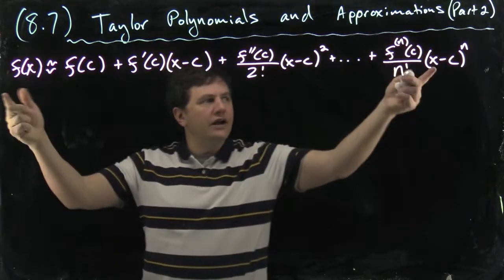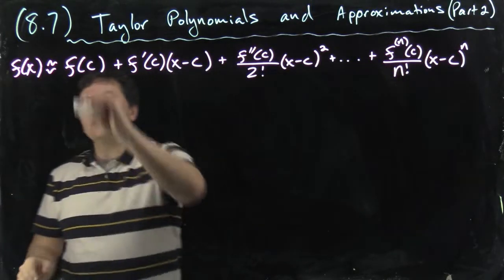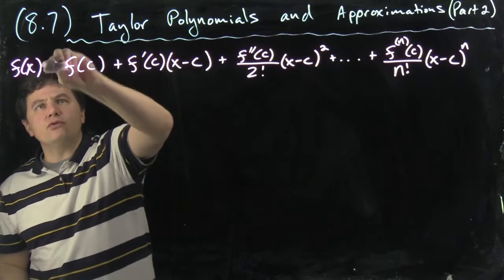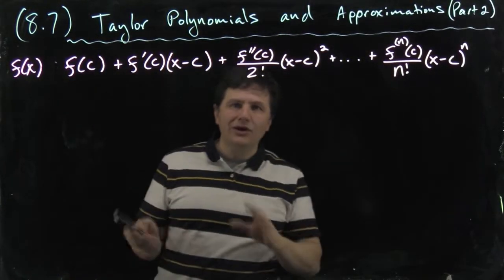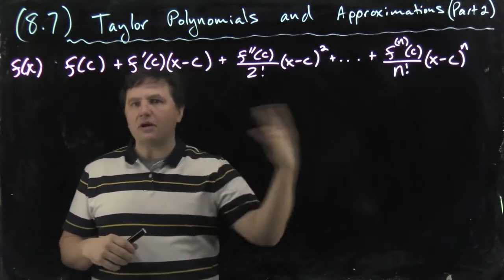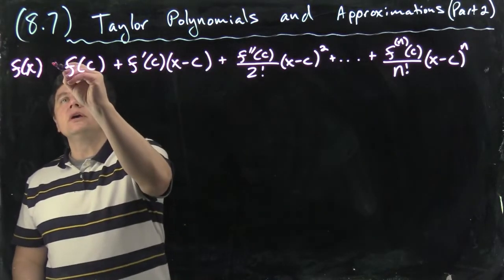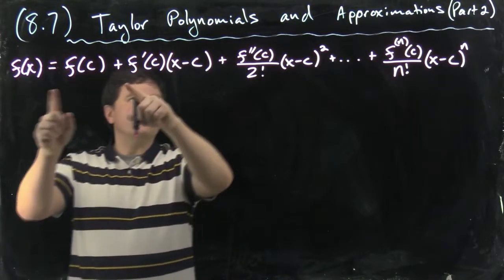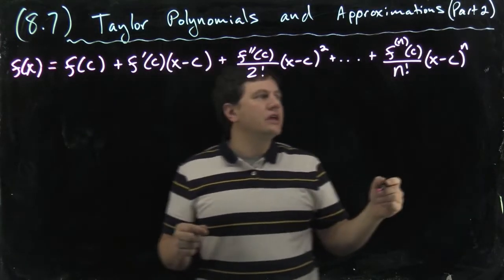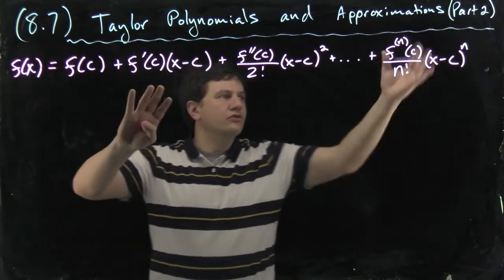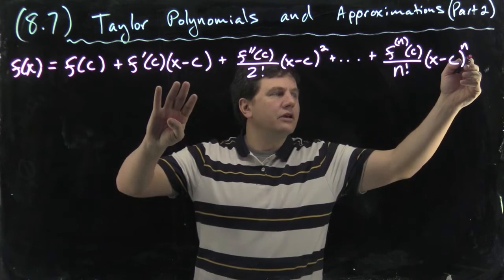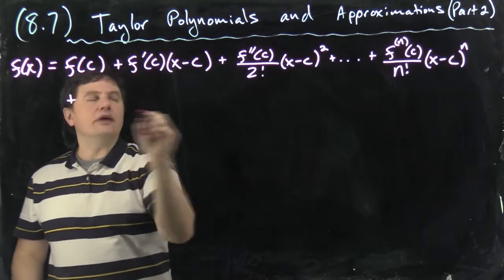If we go with a finite polynomial, that's an approximation. However, for a certain interval, and some of the ins and outs here are things we're going to be talking about for the rest of this chapter, on a certain interval this function is actually going to equal this thing if we continue on. So here's our polynomial, but let's say we add to it and we keep going.